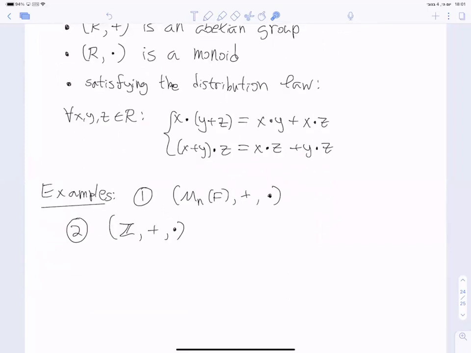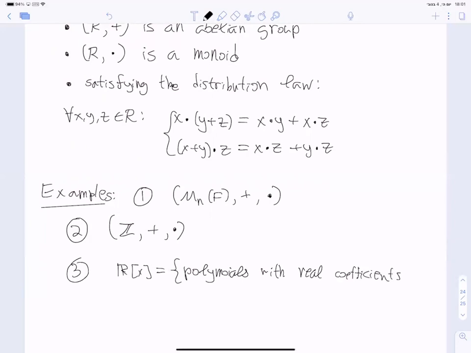For example, the ring of polynomials over, say, R, together with plus and dot.